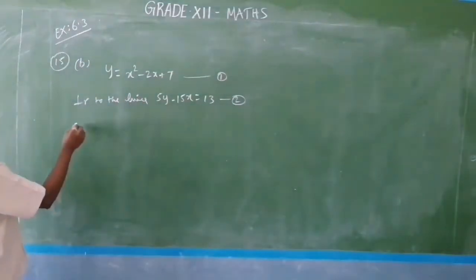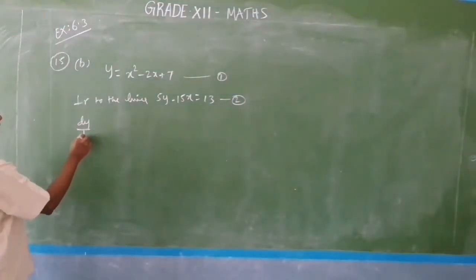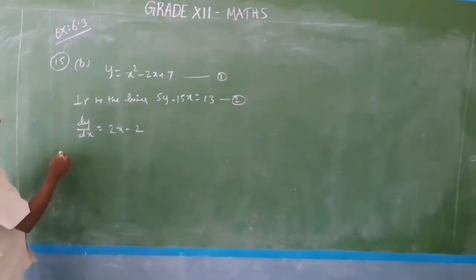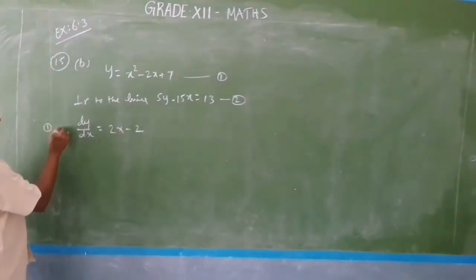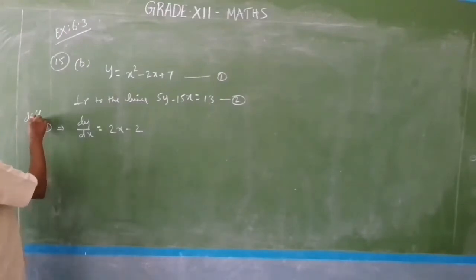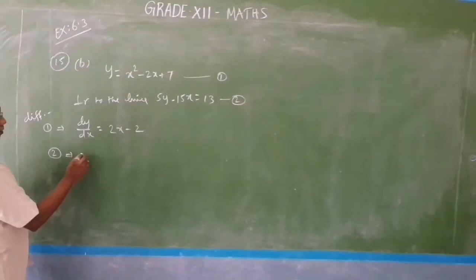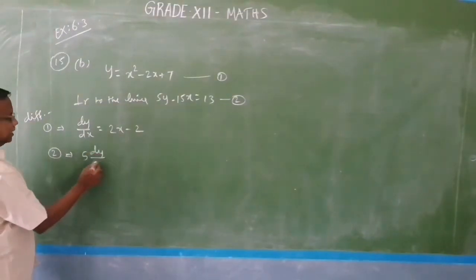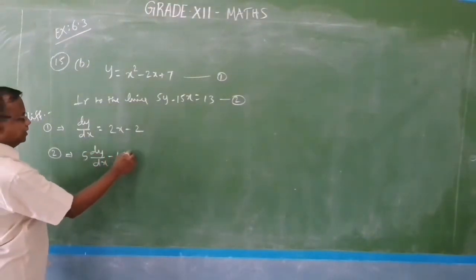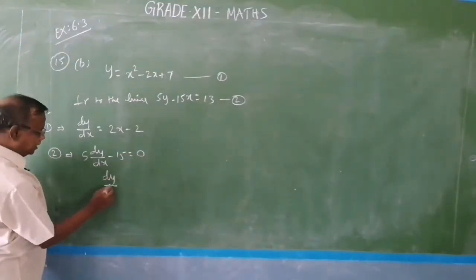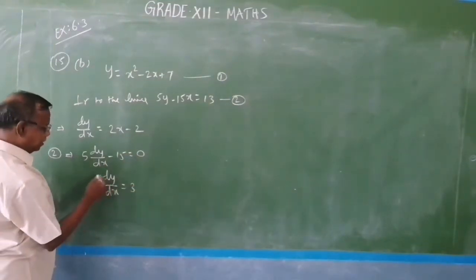Now differentiating the curve, we have dy by dx equal to 2x minus 2, and differentiating the second equation, we have 5 into dy by dx minus 15 equal to 0, which gives dy by dx equal to 3.